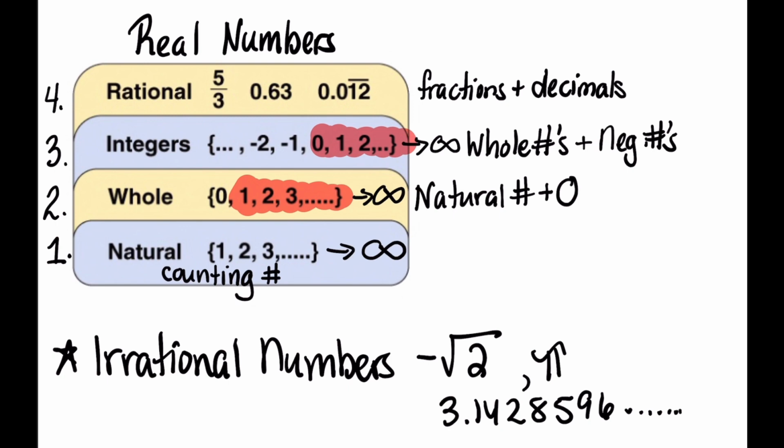We sometimes have non-repeating, non-terminating decimals, and those are also real numbers, and they are in the irrational pile. So we're going to talk about how to use these types of terms when we're talking about domain and range. And so it matters what the context of the problem is, because some contexts you can use a whole number, some you can't.